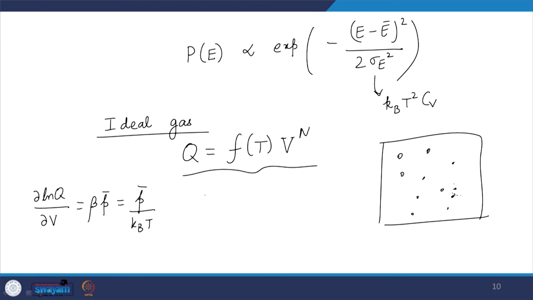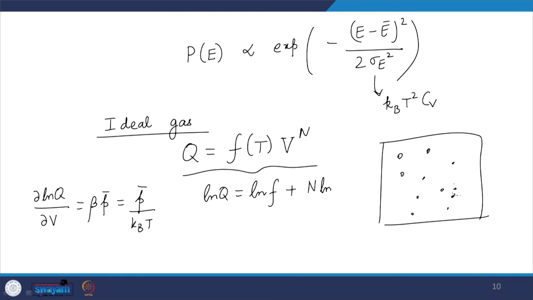If I compute ln Q in this case, it is ln of f, by the way, this f has nothing to do with the previous f I discussed, some arbitrary function, plus n ln V, but this function is of temperature. So, if I do dou ln Q by dou V, the partial derivative at constant temperature, the first term will not contribute, and the second term will give me n by V. So, therefore, P bar by kBT is equal to n by V.